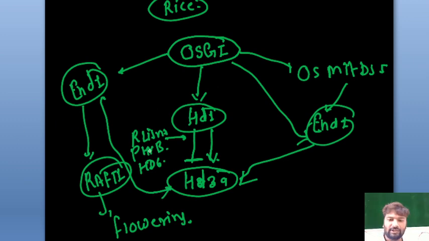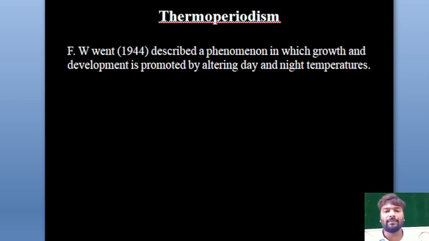So this is the regulation of flowering in rice. So like this, the photoperiodic processes are regulated in short day plants and long day plants. This is also an important process in the regulation of the flowering process.